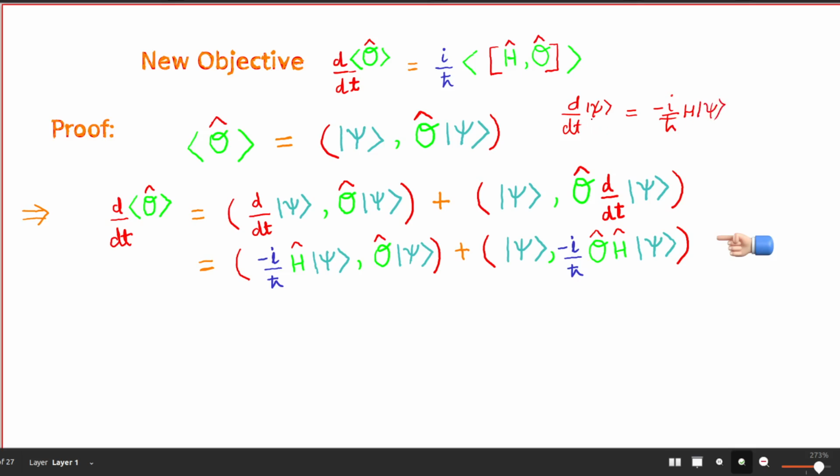So by the Schrodinger equation, the time derivative of state psi is minus i by h bar and the Hamiltonian operator acting on psi. So we replace this time derivative of state psi with minus i by h bar and the Hamiltonian operator acting on state psi in both of these terms.